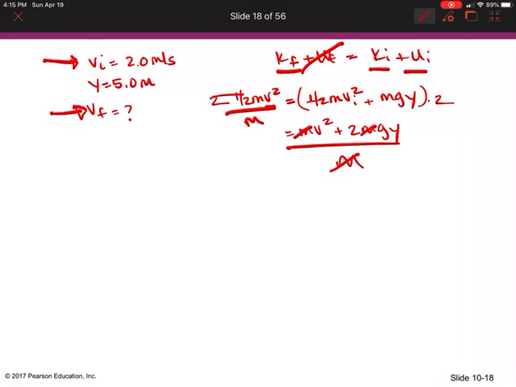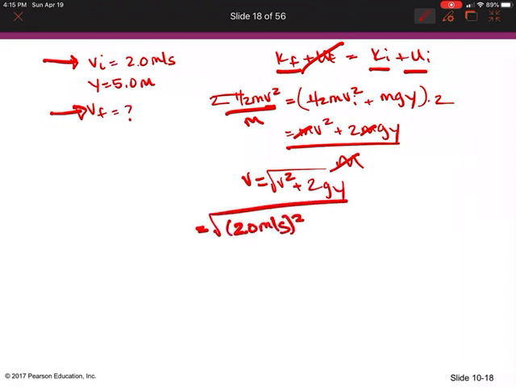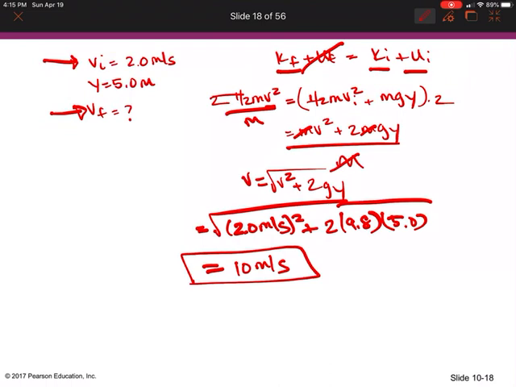It's going to cancel all of that out. And you're going to end up having to do the square root. So we're going to have 2 meters per second squared plus 2 times 9.8 times that 5. Okay, do the square root of all of that, and you should get 10 meters per second.